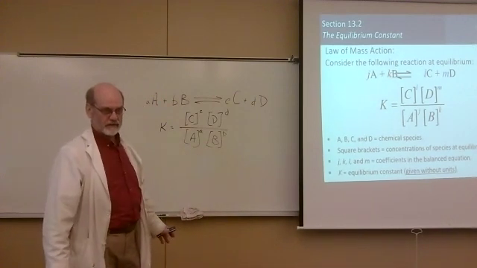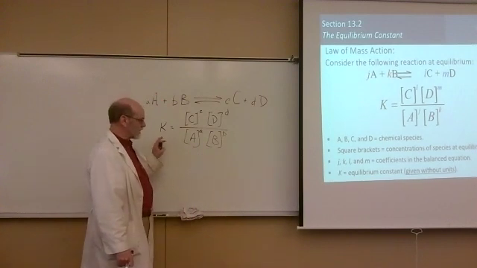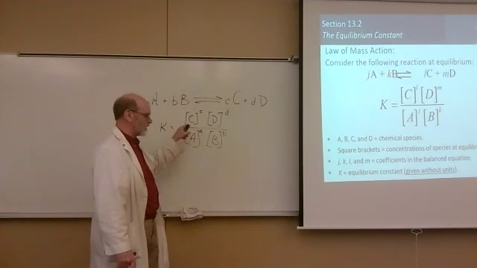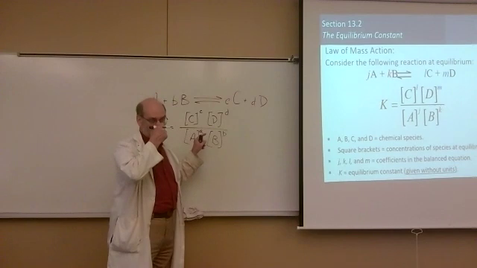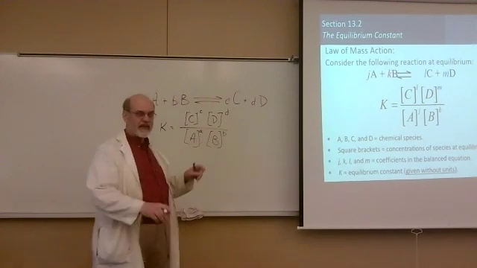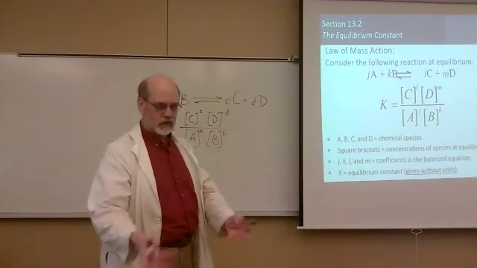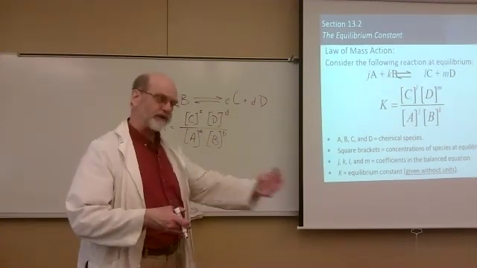It's simpler just to leave the units out and be sure that you've written the expression correctly. And then K is just given as a unitless number, although we know it does have units.